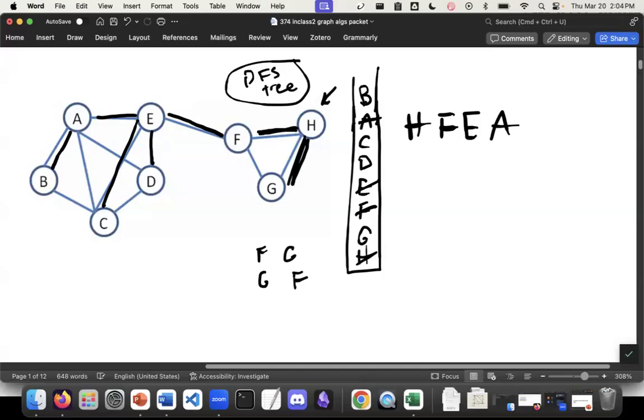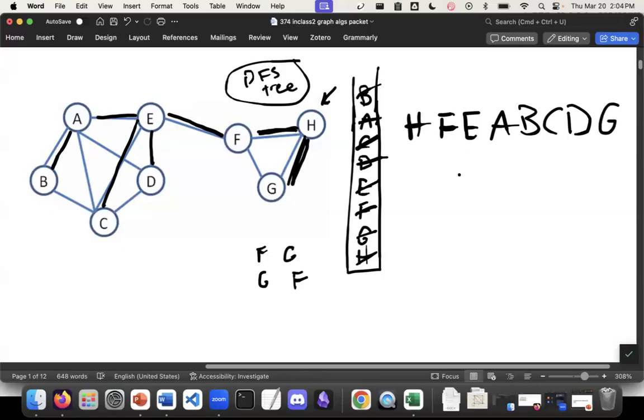And then we'll pop B. It's got no children that we haven't already seen. And then we've gone through all of the vertices, so we've seen all of the other ones. So we just pop it off as we write down C, and then D, and then G.